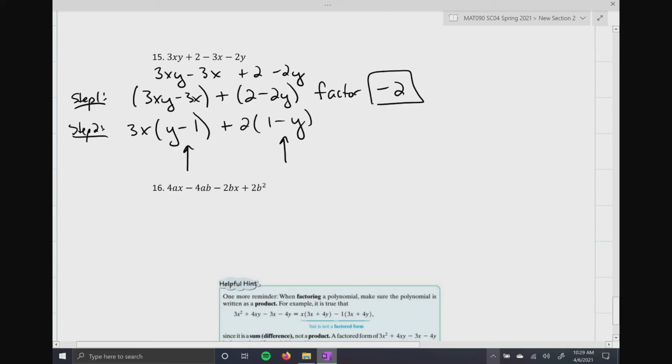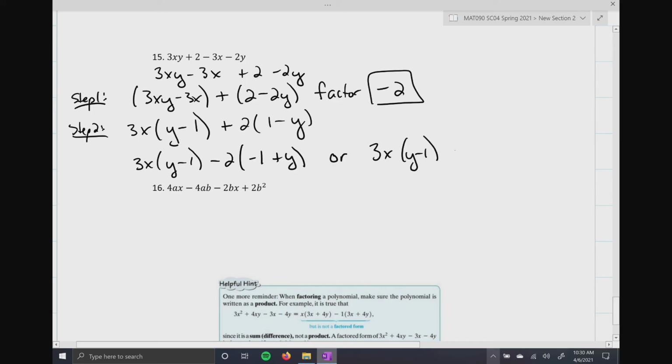Remember, and I know I went over this in chapter 12, when I said a negative sign in front of parentheses switches signs. So if I factor out a negative 2, I get negative 1 plus y. Remember, all it does is switch signs.